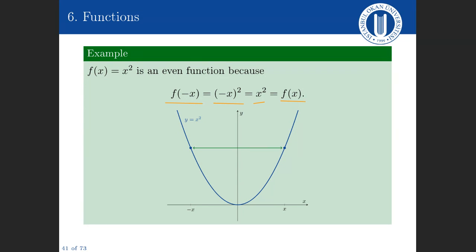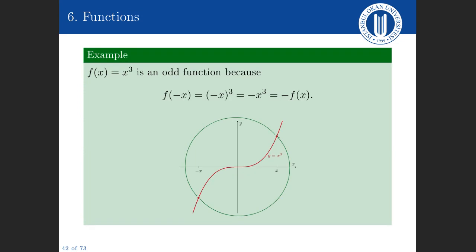Because we always have f of minus x equal f of x, this is an even function. In terms of graphs, an even function is a function where the left side of the graph is a mirror image of the right side of the graph.